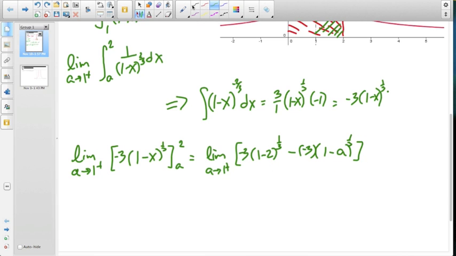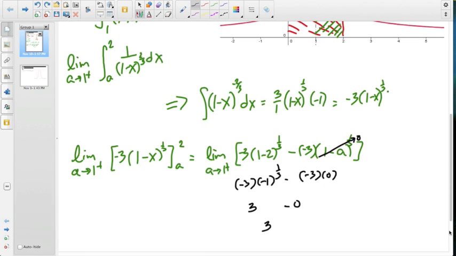As we let A go to 1, this whole thing goes to 0. So this term, negative 3 times 0, drops out to 0. And this we can evaluate as negative 3 times negative 1 to the 1/3 power. And so this is 3, minus 0. So the area for half of this, from 1 to 2, is 3.